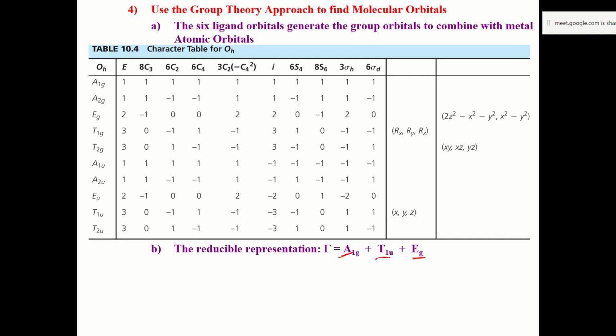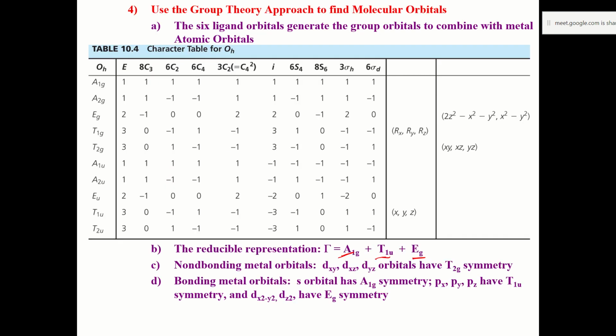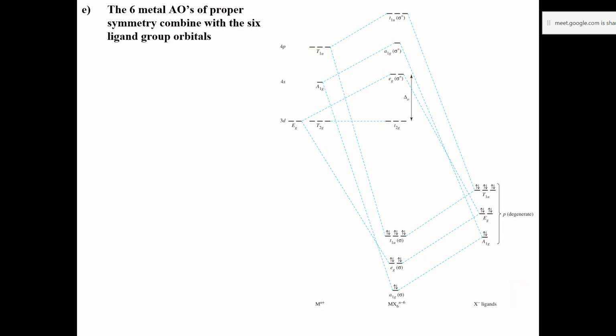Okay, so s orbital has A1G symmetry, px py pz having T1U symmetry, और EG symmetry में dx square minus y square और dz square. So octahedral framework में ऐसे हमें सारी चीज़ें मिल जाती हैं.